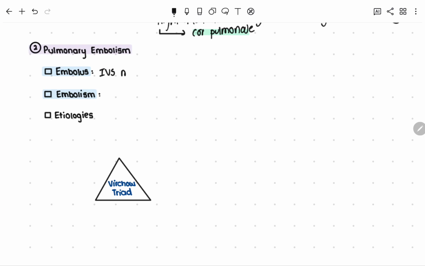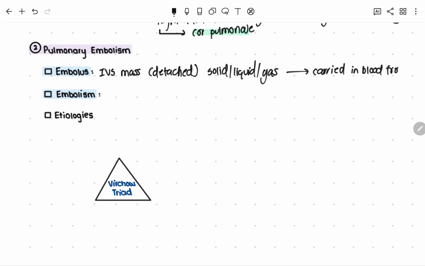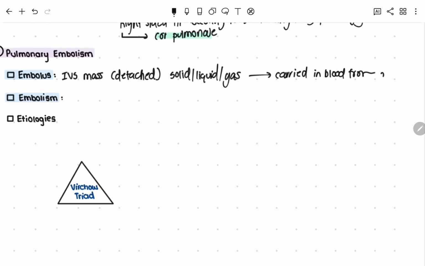So intravascular mass that is normally detached. It can be solid, it can be liquid, and it can be gas, which is carried in the blood from a point of origin to a distant site.